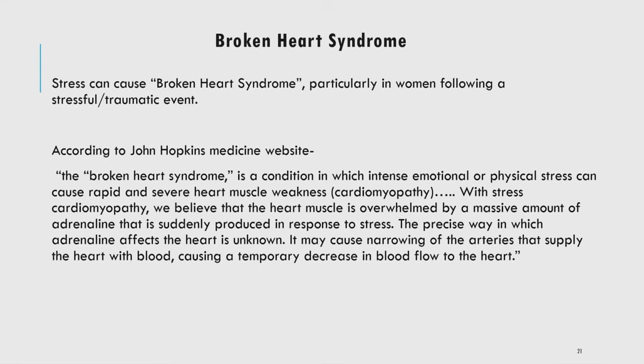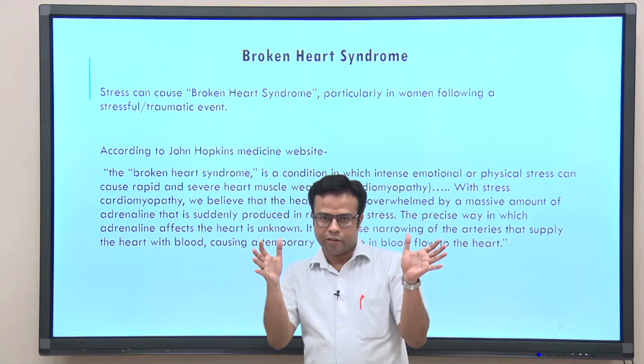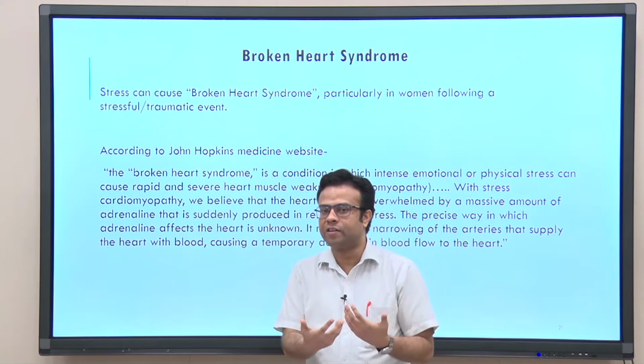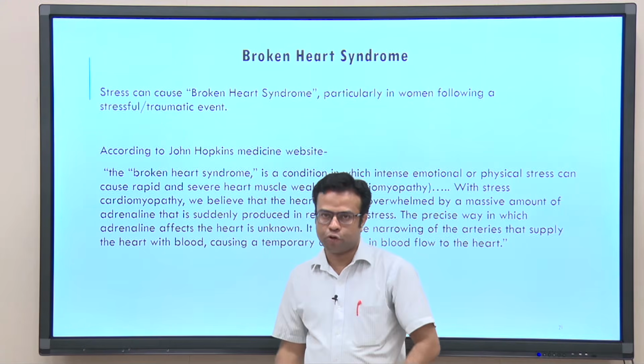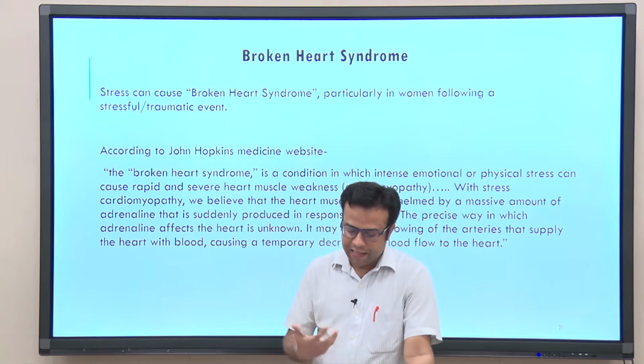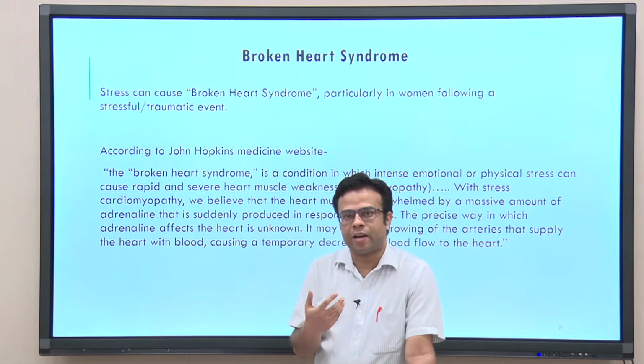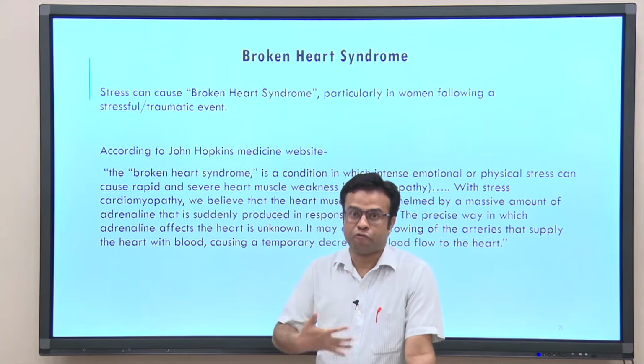The precise way in which adrenaline affects the heart is unknown, but it may cause narrowing of the arteries that supply the heart with blood, causing a temporary decrease in the blood flow of the heart. So, it is possible that it kind of shrinks temporarily because of these erratic movements and the effect of adrenaline, and as a result you experience symptoms of heart attack.